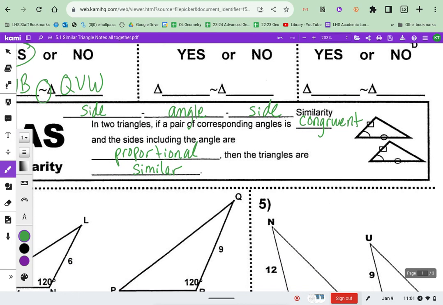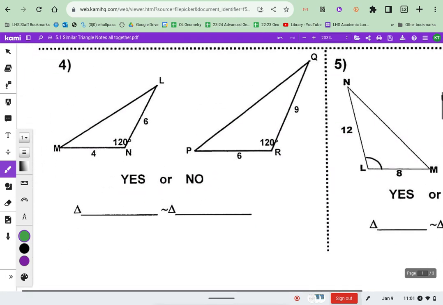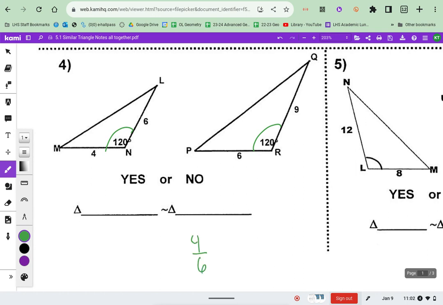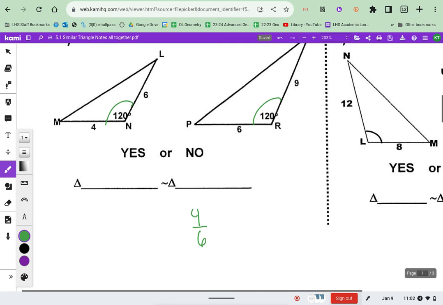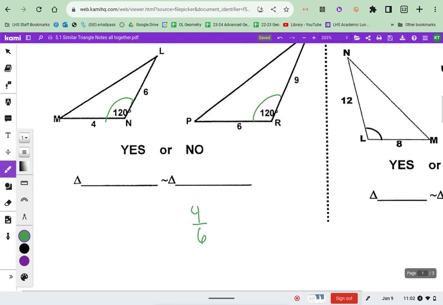Okay, so for example, on number 4, we have a congruent angle, that 120-degree angle in each triangle. And so now we're just going to set up proportions, make sure that they reduce to the same fraction. So we'll set up small side over small side and then bigger side over bigger side. So we'll do 4 over 6. And that should reduce to the same thing as 6 over 9.